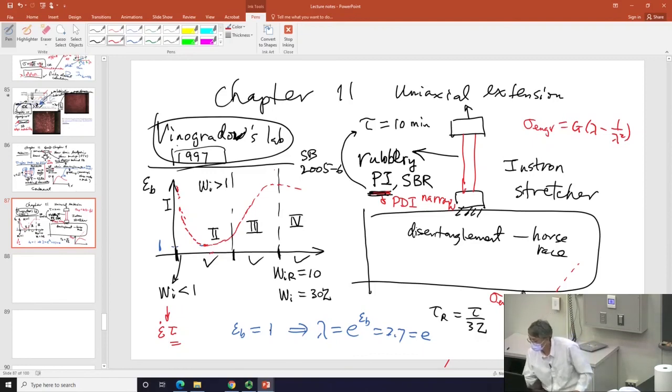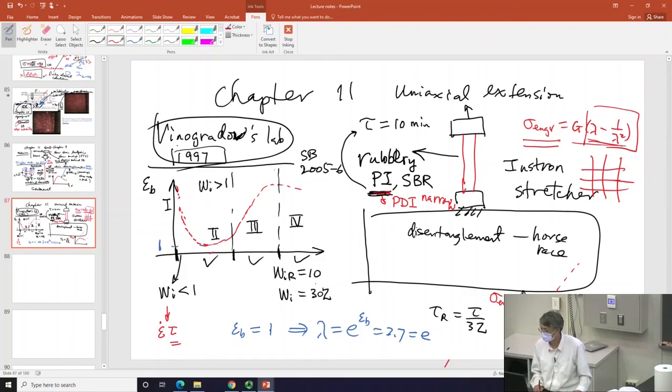Remain entangled means I can borrow a rubbery-like formula. Since each of the strands in my network keeps stretching, of course this term keeps growing. So the only way this quantity could decrease is if I start to have a softer material. G is modulus. And the only way to have a softer material is if you start to lose entanglement.